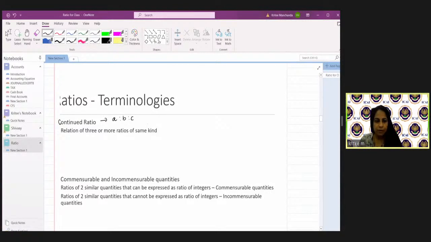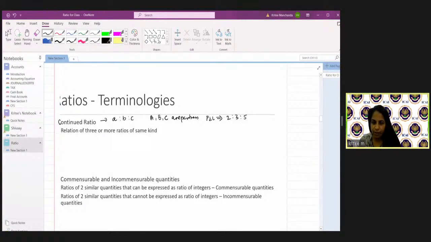You might have heard, if A, B, C are partners in a firm and they agree to share profit and loss in the ratio 2:3:5. That's about continuity.